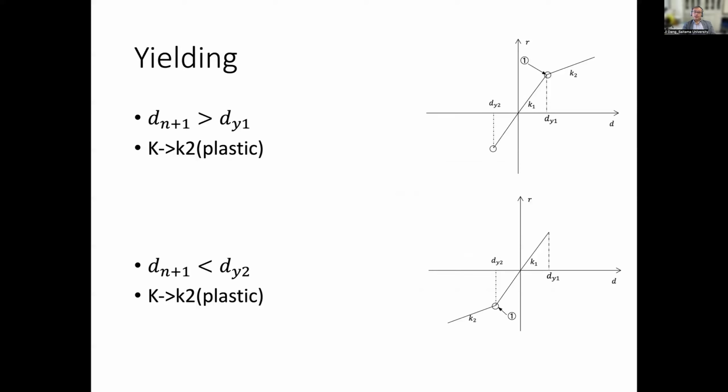However, once the loading displacement is over one of the two boundaries, dy1 or dy2, that is, the displacement at step n plus 1 is larger than dy1 or smaller than dy2, the event of yielding will happen. Yielding means that k will change from k1 to k2.